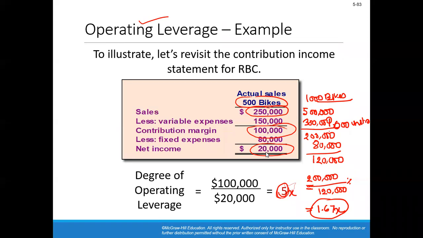No. When sales is closer to break-even level, DOL will be higher. You see, sales break-even is 400, right? Break-even in our case is 400. Is our sales closer to break-even in the 500 case or the 1,000 case?